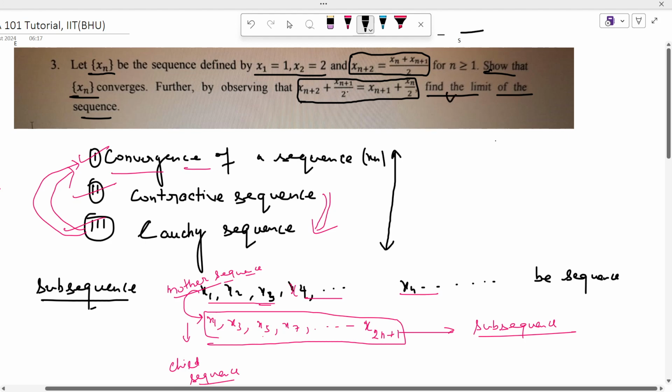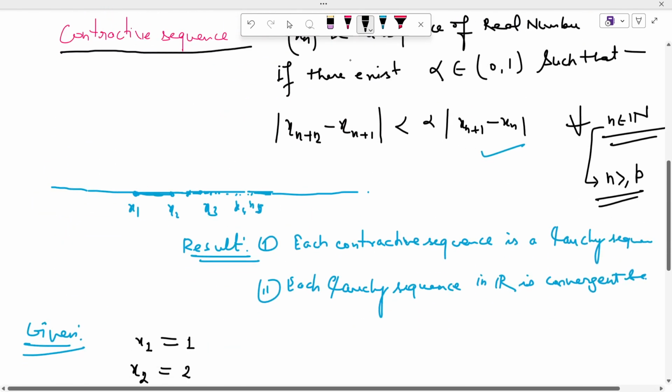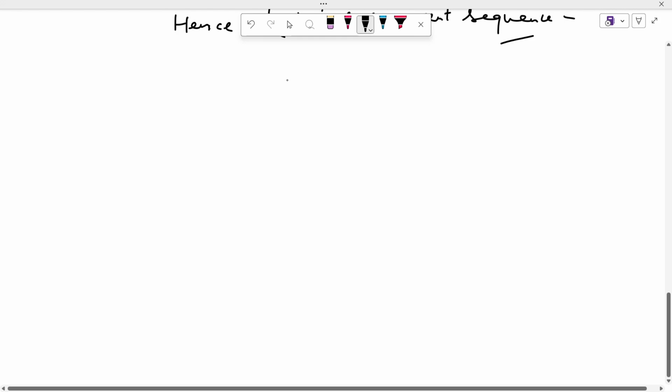Now the second part is given here: (x(n+2) plus x(n+1)) by 2 is equal to (x(n+1) plus x(n)) by 2.